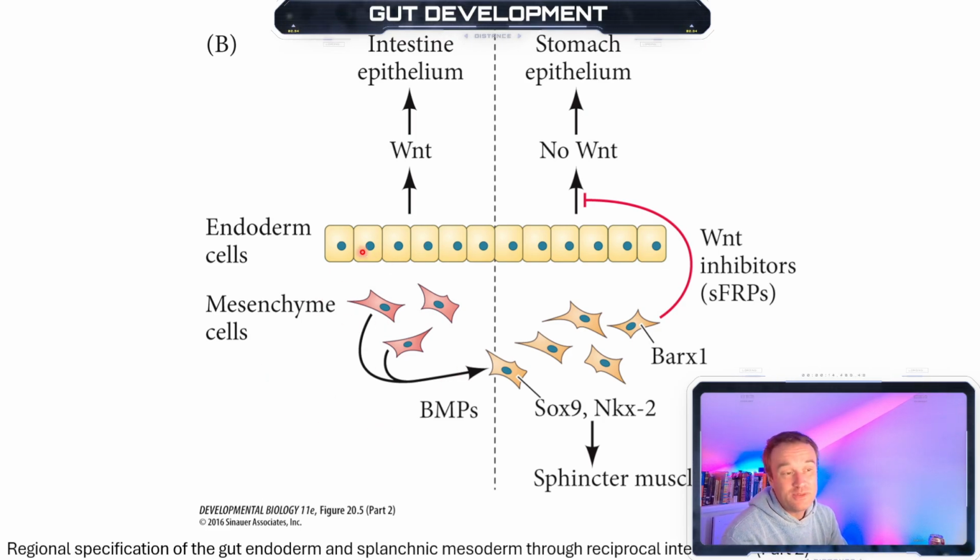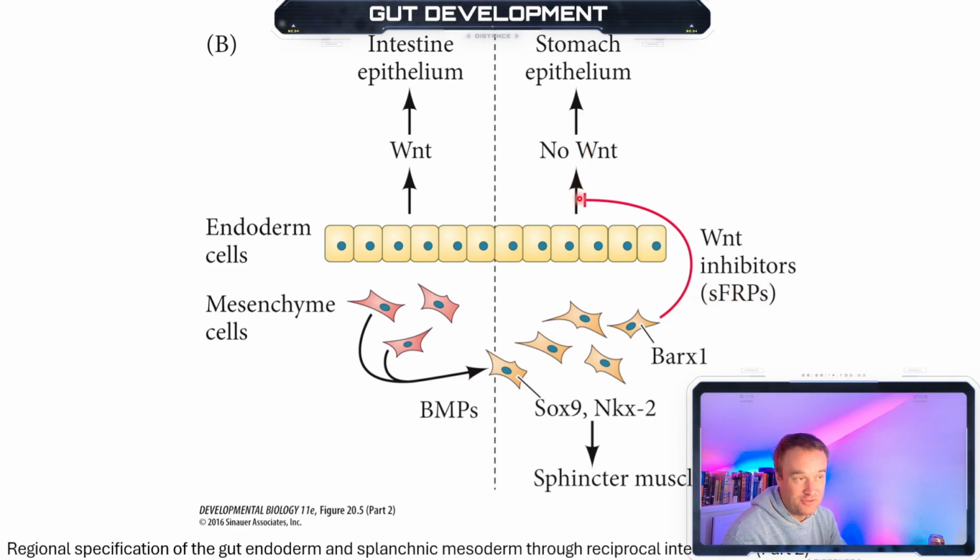All right, so we have our endoderm, so our digestive tract. As it's proceeding through the body, its neighbors determine what it's going to turn into, right? So we have mesenchyme cells that are the neighbors. If these mesenchyme cells are expressing BARX1, then these SFRPs are activated, which then inhibit WNT.